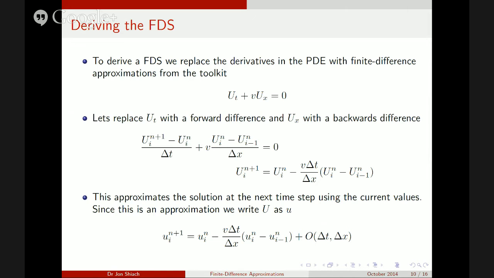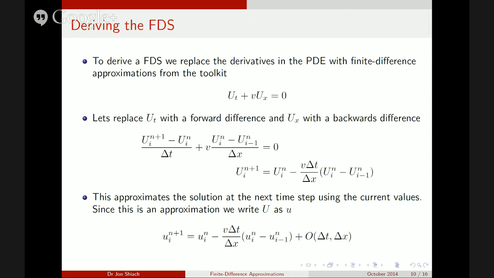This is another step which isn't strictly necessary, but it does help in presenting finite difference schemes. Because this is an approximation, we write big U as little u, just to say we know we're not solving u exactly, we're approximating u. Not all textbooks do this. It's almost a personal preference, but I like it because it shows that it's an approximation.